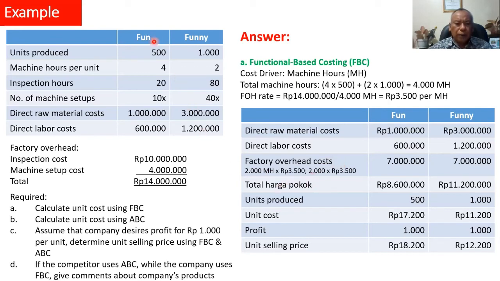To produce Fun we need 2,000 machine hours, 4 times 500, times 3,500. For Funny it is also the same: 2 hours times 1,000, so 2,000 times 3,500. So the applied factory overhead cost is 7 million for Fun and also 7 million for Funny. So we find the total manufacturing cost: 8 million 600,000 for Fun, and 11 million 200,000 for Funny.